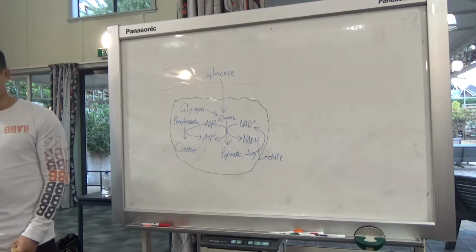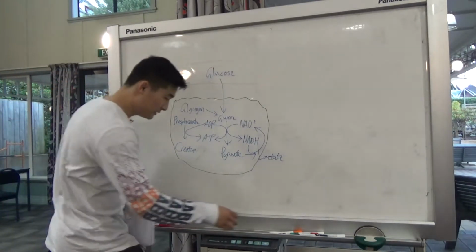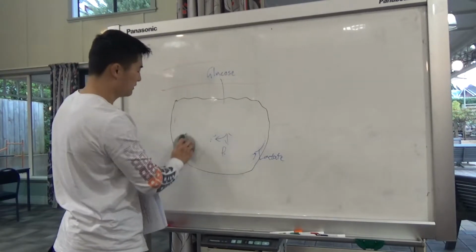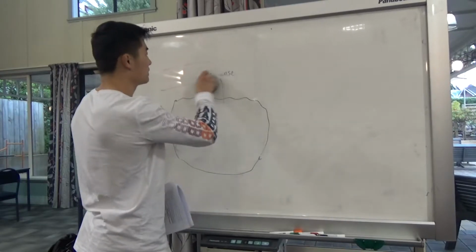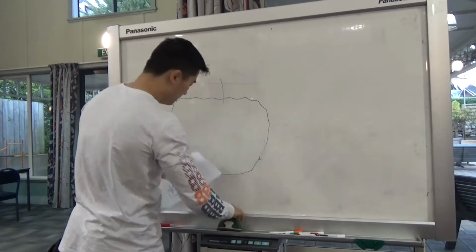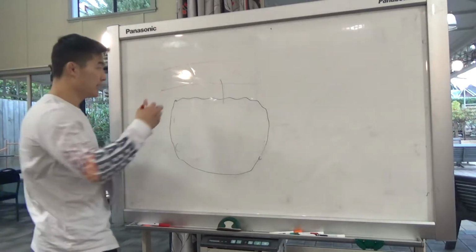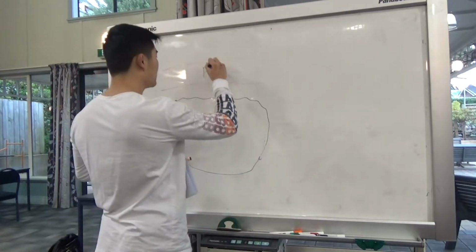Okay. So you can see in the diagram there that, again, we've got a bloodstream, and this time we're going to be using fatty acids.